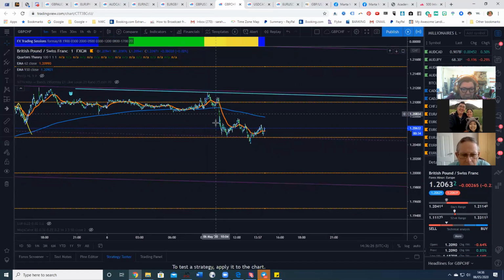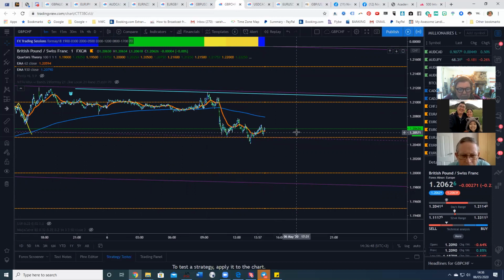It did drop down quite suddenly, which I noticed off quite a few pairs. And there was no red flag news, so I don't understand why Great British Pound did that, but it did, because I did see it, as probably most of you did. And you can see two rejections off quarter theory, come back above the 62s, tried to break down through quarter theory again, and now it's bumbling along.